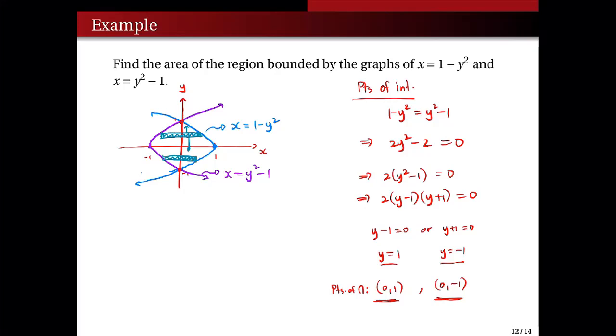Furthermore, the right function is this parabola here. The left function is this purple parabola here. And that's all throughout the interval from negative 1 up to positive 1.